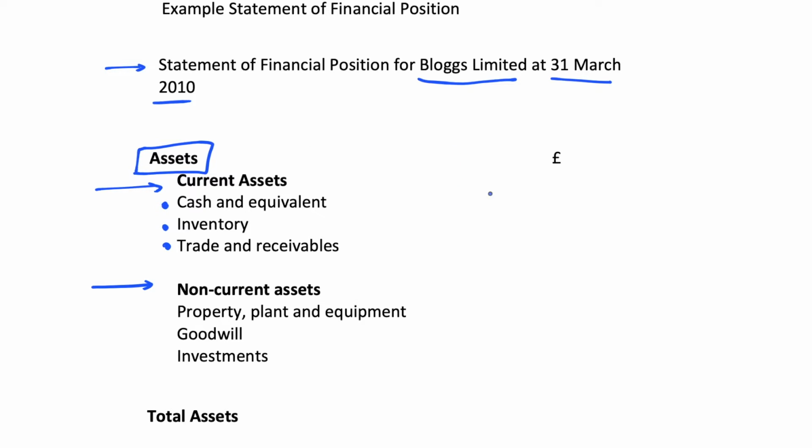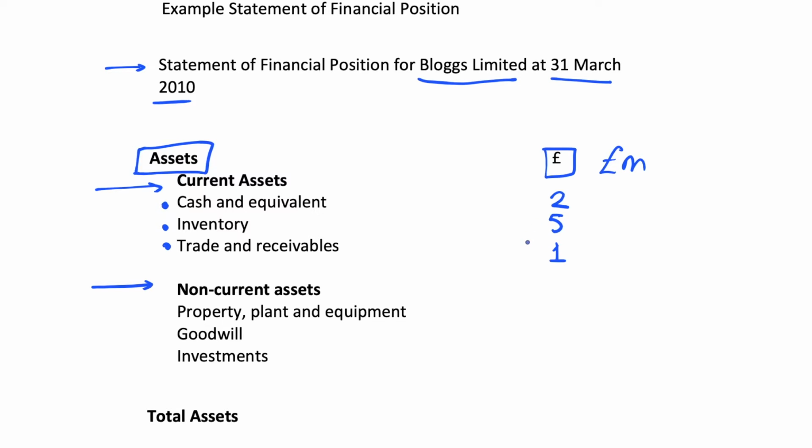And in our statement of financial position, we will say the value of these. So I've got this pound column here, which we might more commonly see pounds in millions, or depending how big the firm is, it could be thousands of pounds or whatever. And let's say that the business has £2 million of cash. We'd have a 2 here. The value of their inventory is 5 million, and their trade and receivables is 1 million.